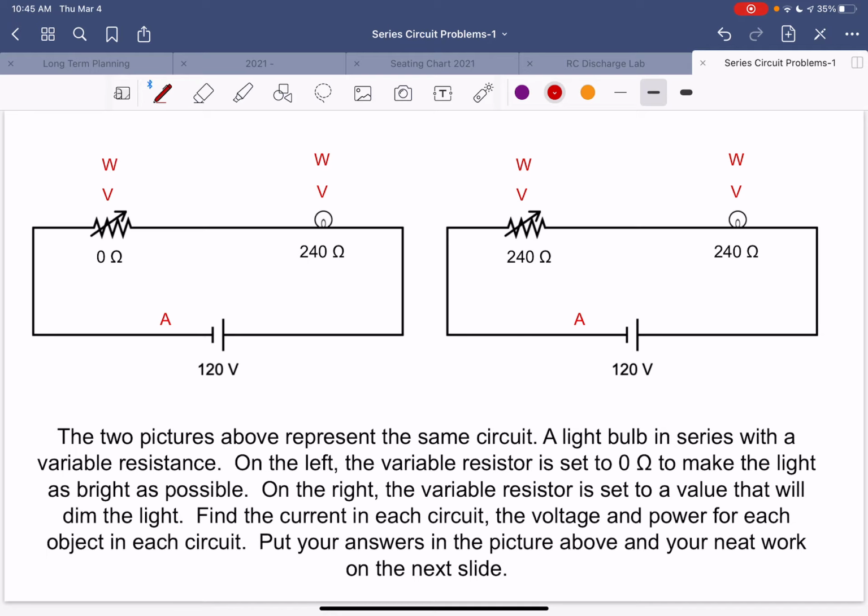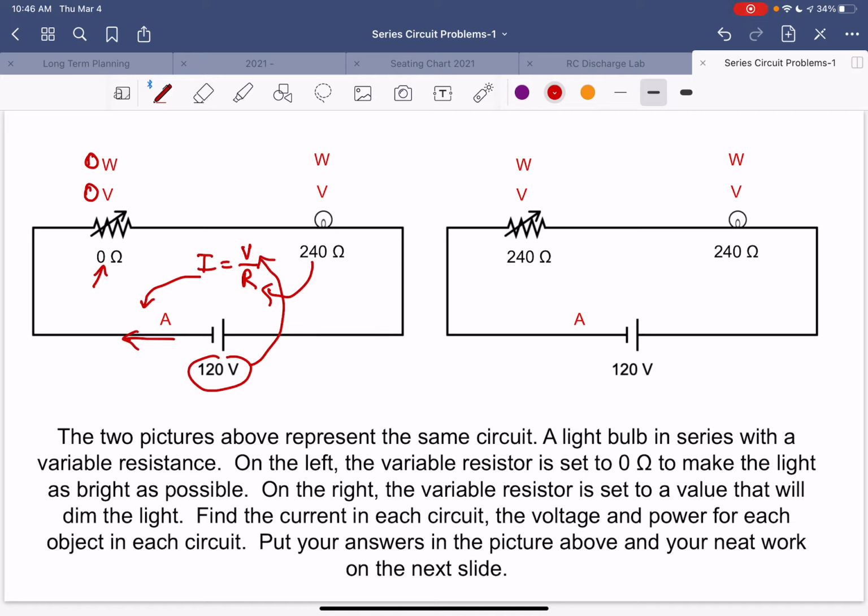So for the first one, you're just going to use I equals V over R. You can totally ignore the dimmer switch since it's set to 0 resistance. So use the voltage of the power supply, use the resistance of the light bulb, find your current, put it in here, have it flowing around your circuit.